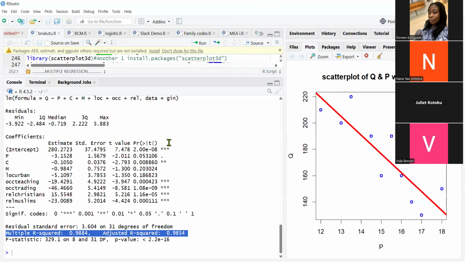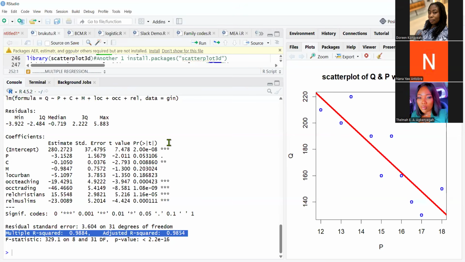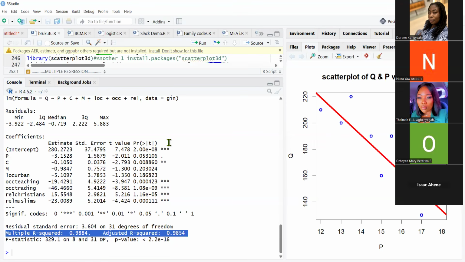Yes, Juliet. It's well fitted because our R squared value is 98.84%, correct to 2 decimal places. So 98.84. Thelma: 0.99.